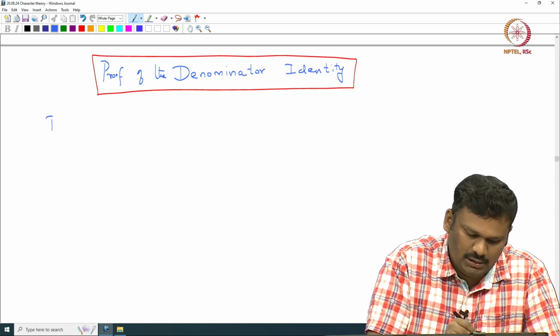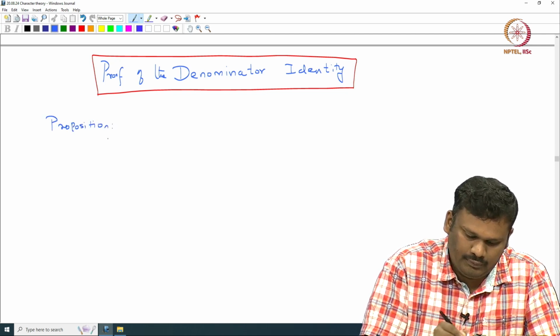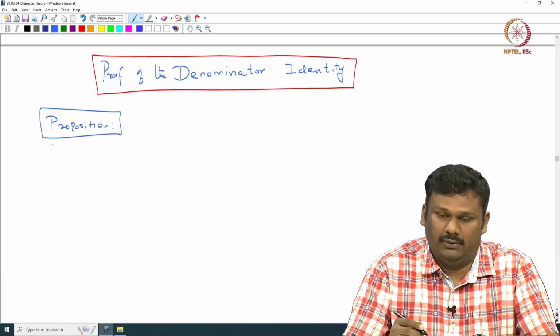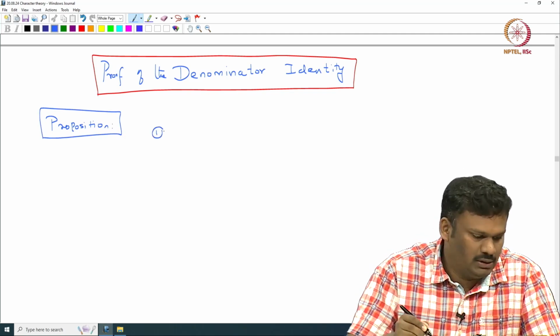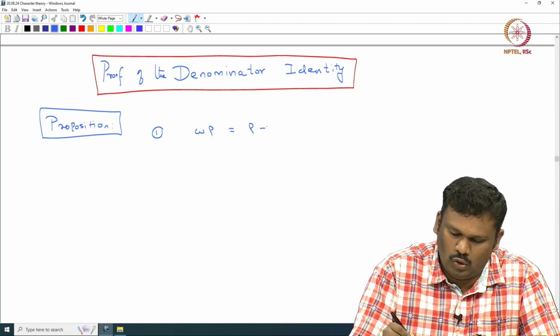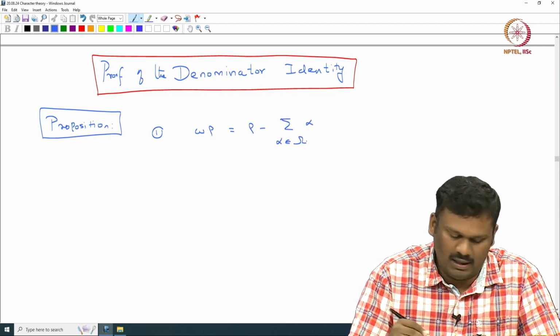So the proposition tells how these elements actually behave. The first statement: if I take W rho, then this can be written as rho minus the summation of alpha, where alpha comes from some omega.